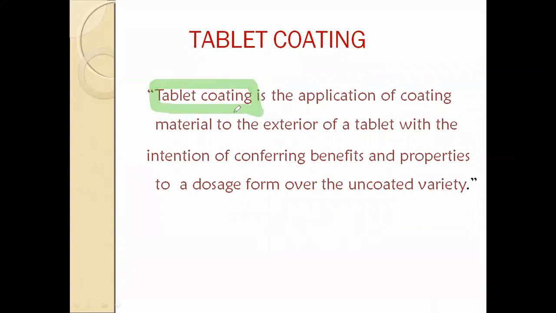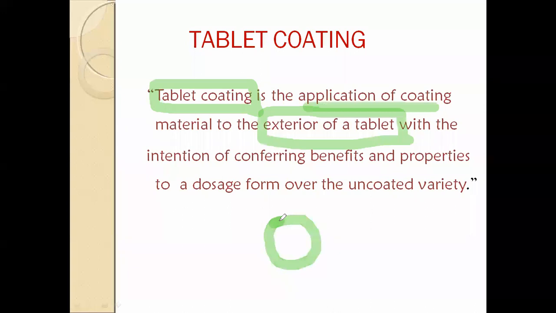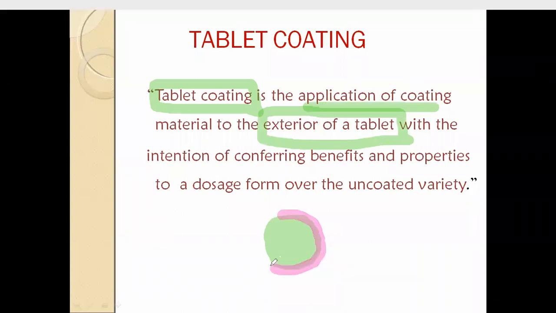Now tablet coating is the application of coating material to the exterior of a tablet. Now, as I told you previously, if this is my tablet, to this tablet, I am going to apply a coat on the exterior surface of it.